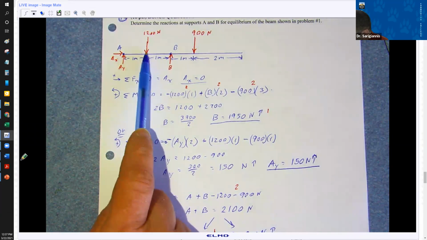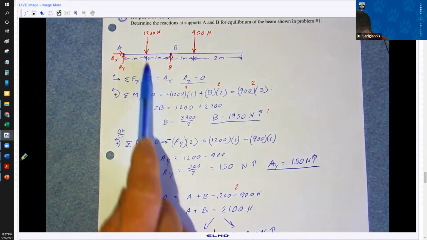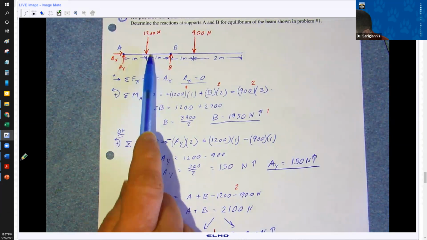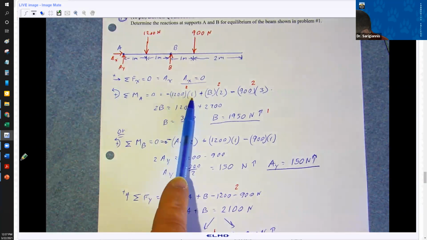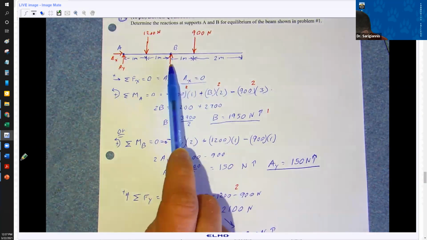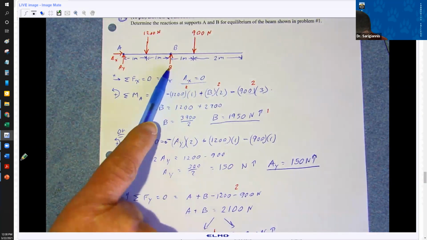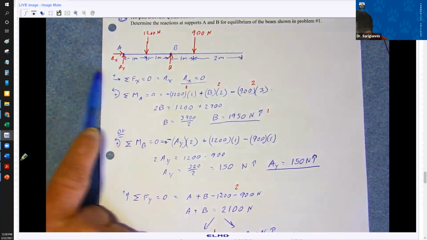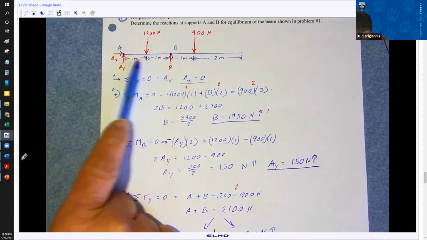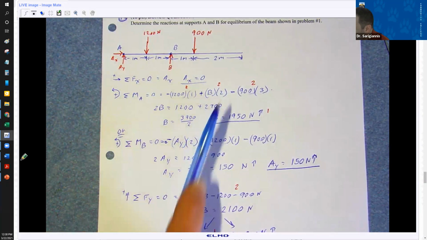What do I have? I've got 1200 newtons acting at 1 meter away from A. And that's a clockwise rotation, so that's a negative. Negative 1200 times 1. Now I've got a force B, which I don't know. And I've said that's a positive moment, right? Positive counterclockwise at 2 meters away. So B times 2.